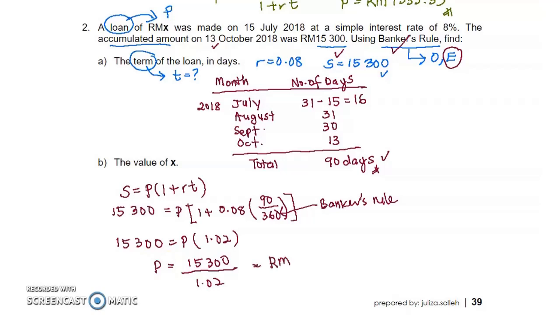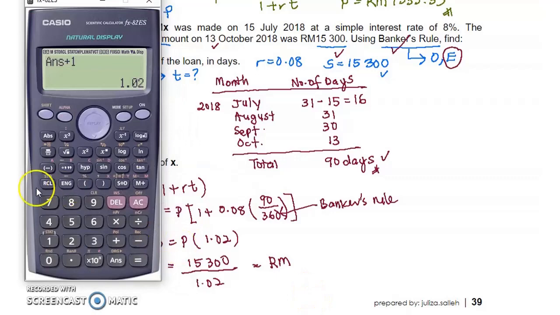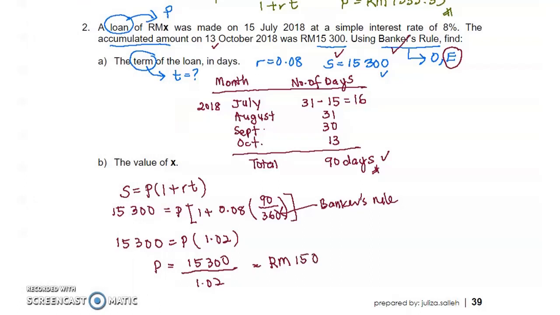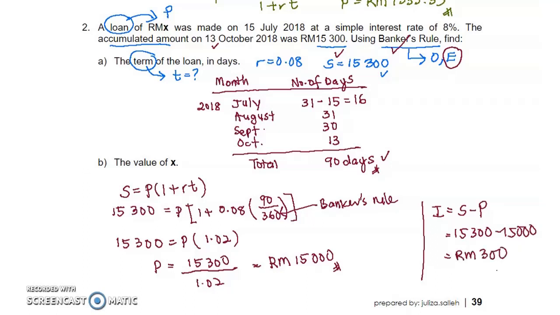Again, value P must be less than value S. 15,300 divided by the answer just now, 1.02, so P is 15,000, which is less than value S. If the question asks you to find the amount of interest, interest equals S minus P. S is 15,300, P is 15,000 ringgit, so interest is 300 ringgit.